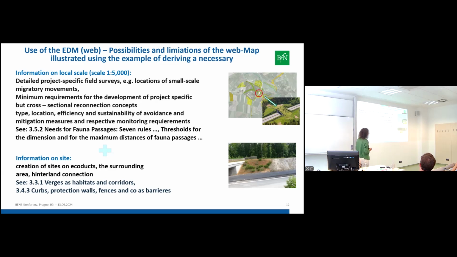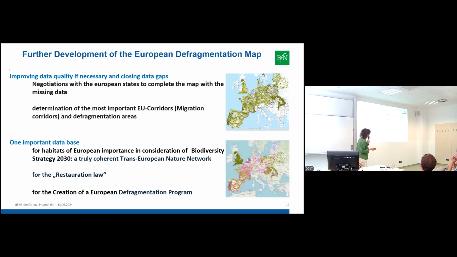Where you need stepping stones, you need minimum requirements for the development of project-specific type, location, efficiency, and sustainability of avoidance and mitigation measures, and respective monitoring requirements. And when you are on the lowest level of the site, you need to look at the surrounding area and the hinterland, which is very important for the functioning of such things.